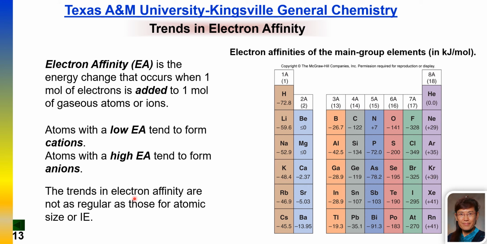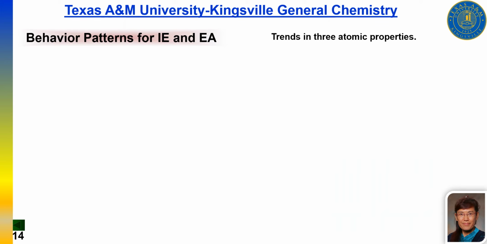The trend in electron affinity is very similar to ionization energy, but you do see some irregularities. So they are not as regular as the atomic size or the first ionization energy. In that case, you do need the real value, but generally speaking, in the same group from top to bottom, electron affinity decreases. In the same period, electron affinity, generally speaking, increases except for the noble gases.